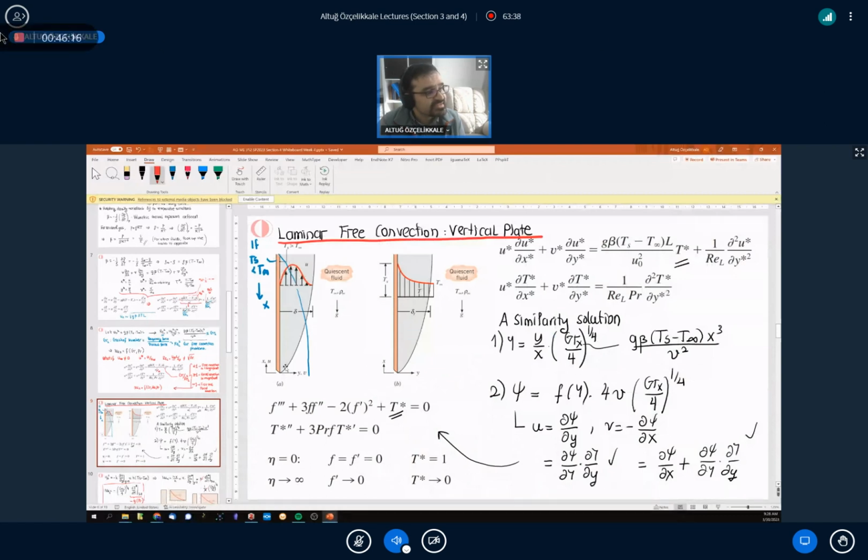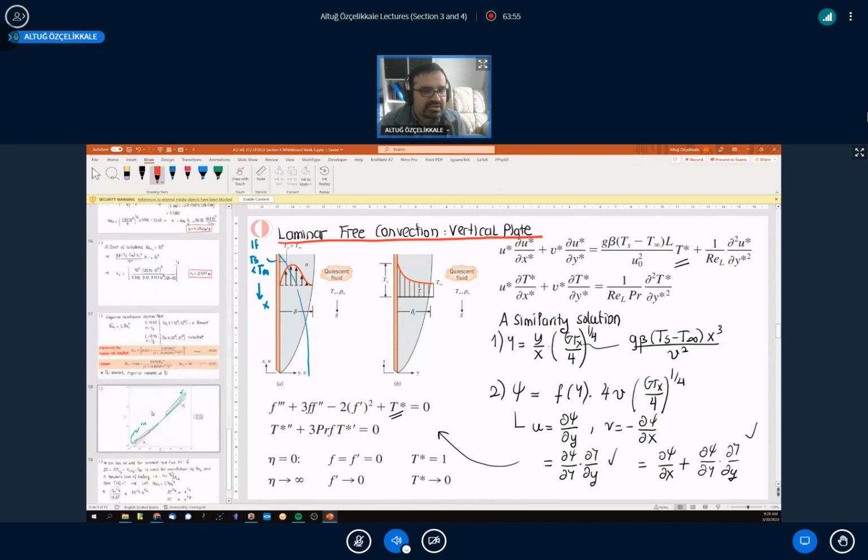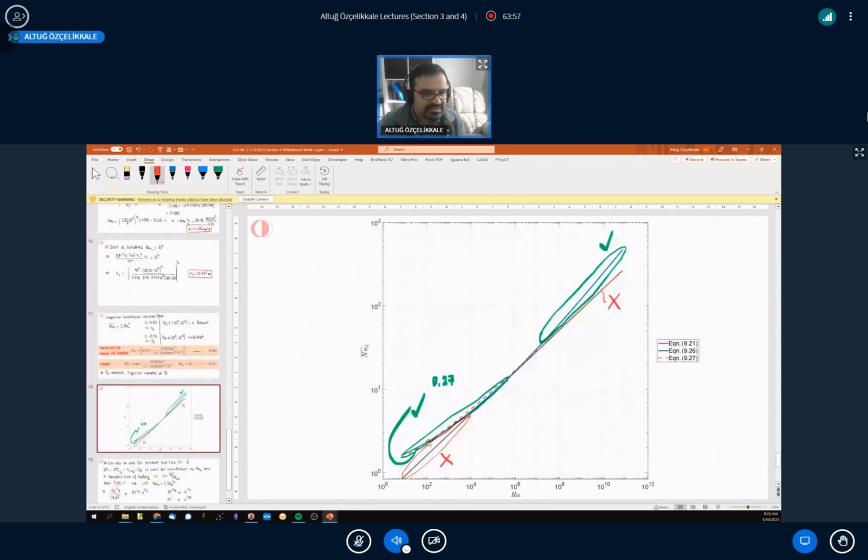That's one of the assumptions that we make in boundary layer approximations. Since we are solving boundary layer equations, this assumption is embedded in that. So this assumption is violated for small Rayleigh numbers, and therefore this part is not accurate.